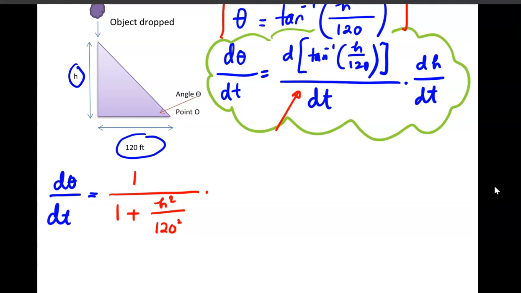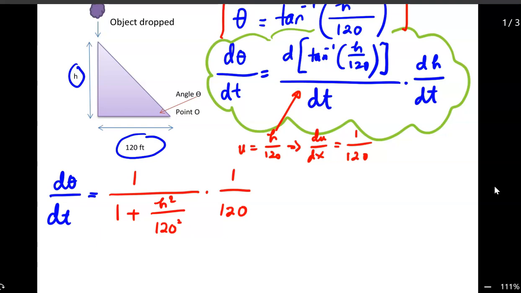So u is h over 120. Therefore, du over dx will be equal to 1 over 120. So I multiply by 1 over 120. So let's put it in this. And I also have to multiply by dh over dt.